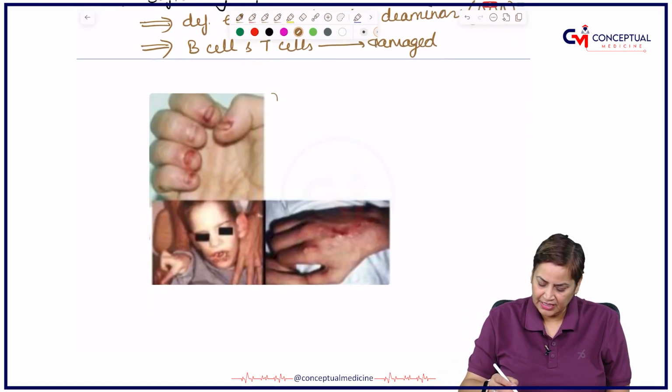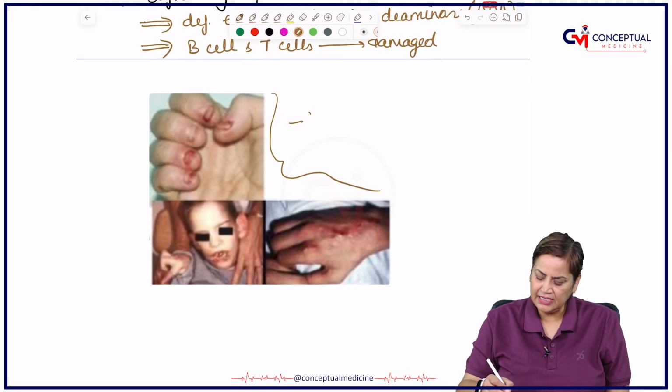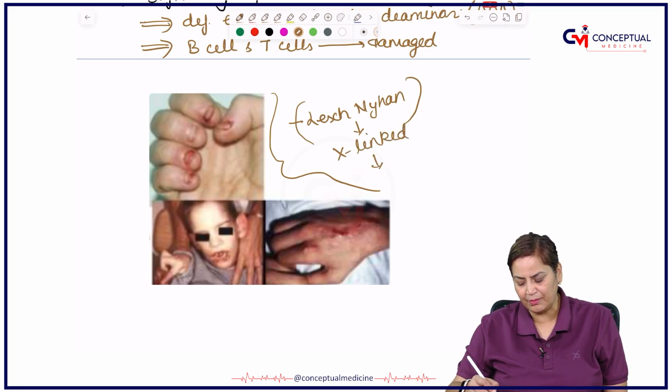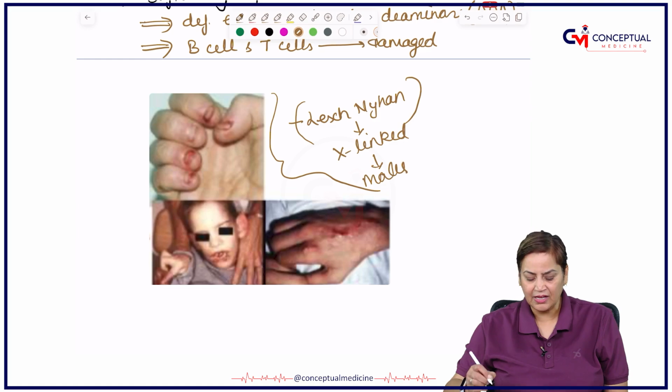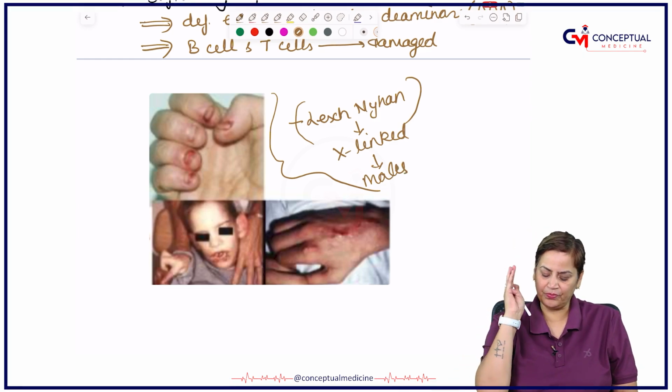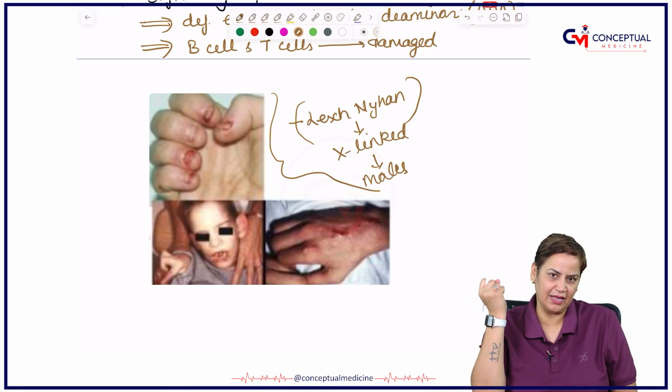So this is Lesch-Nyhan syndrome, very, very important. The most important feature is that it is strictly X-linked. X-linked means it is present only in males. So males are the ones who will suffer from Lesch-Nyhan syndrome.